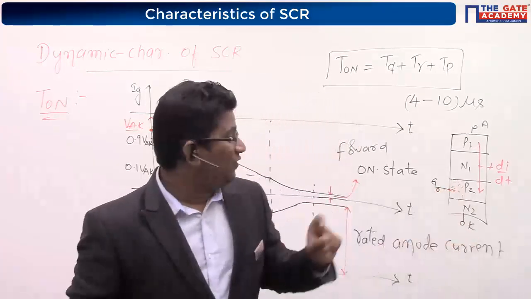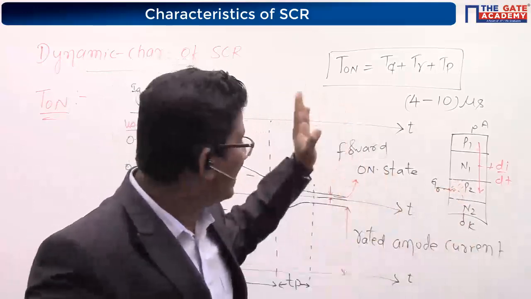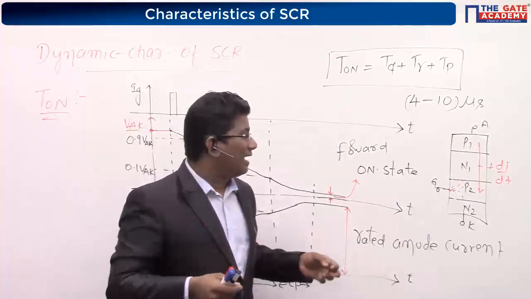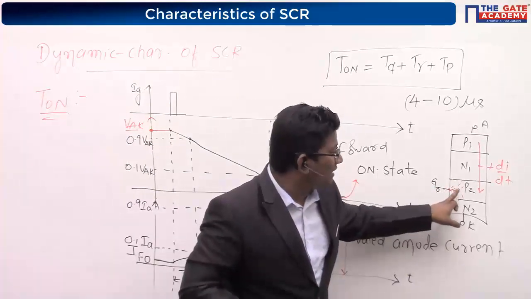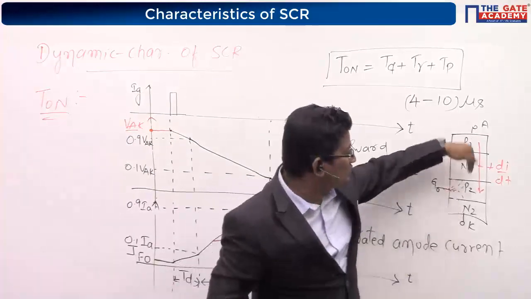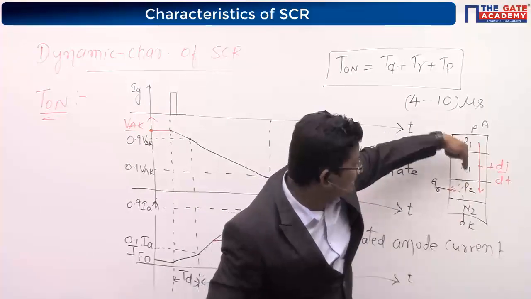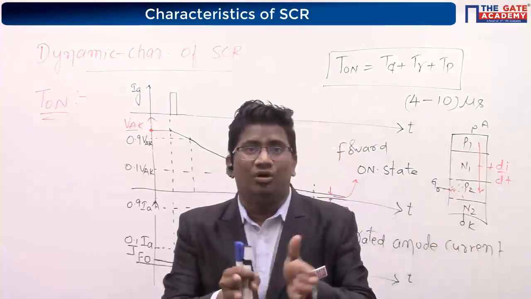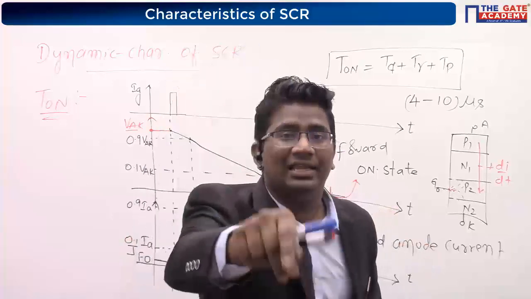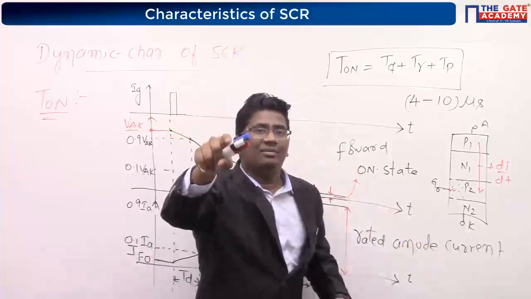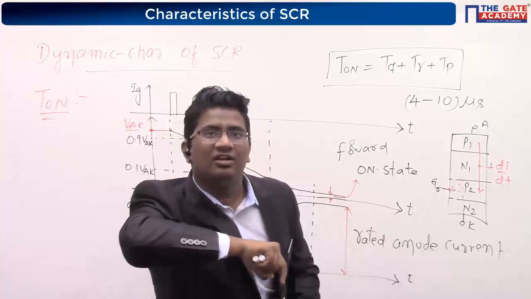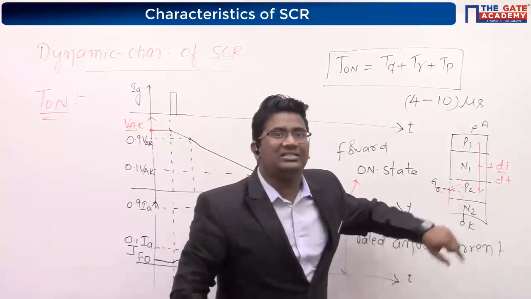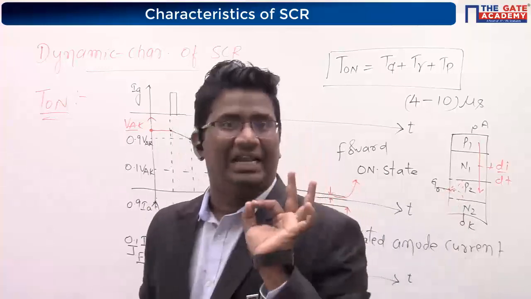If the external di by dt is more than the charge spreading velocity, then what will happen? Because this di by dt is not allowing. Can I say all the charged particles will try to move, but di by dt is stopping that? Yes or not? Yes, sir. Due to that reason, can I say all the charged particles are accumulated at one particular instant?